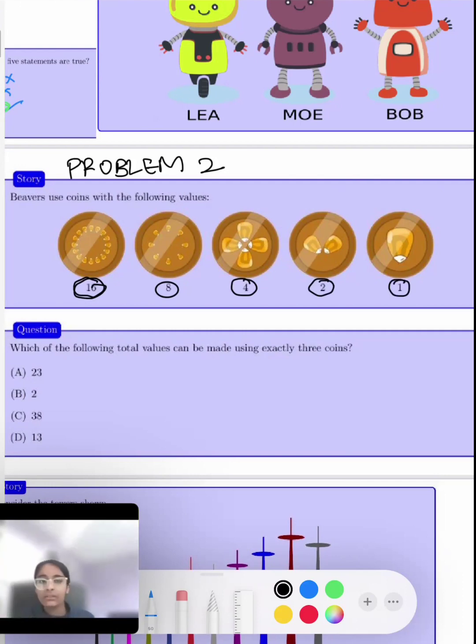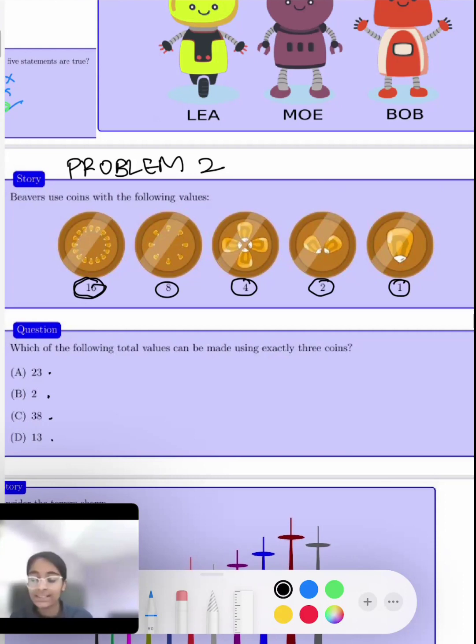So now the question is asking, which of these following values, 23, 2, 38, or 13, can be made by using 3 of any of these 5 given coins? You cannot repeat coins, you're only given one of each: one $16 coin, one $8 coin, one $4 coin, one $2 coin, and one $1 coin.